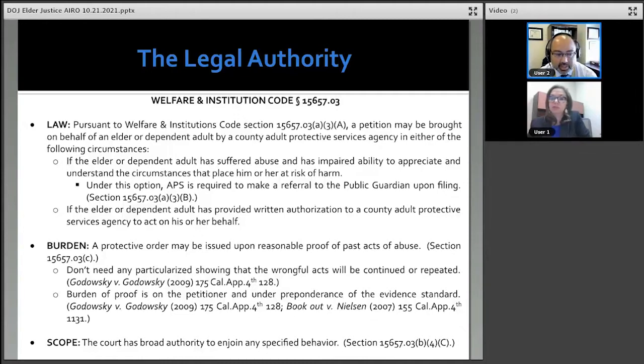Just to let you know, the court has broad authority to enjoin any specified behavior. We're required to use the judicial council form for filing the petition for elder abuse or dependent adult abuse restraining orders, and there are parts where you can ask for specific additional orders that the court can take into consideration. Next slide, Julie.